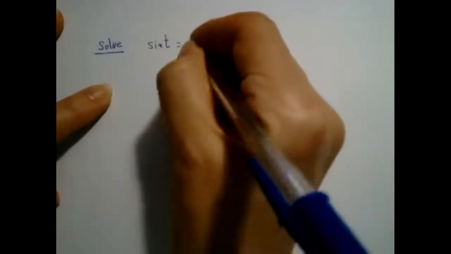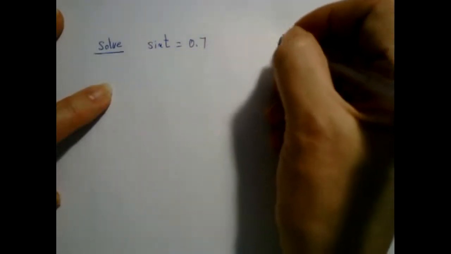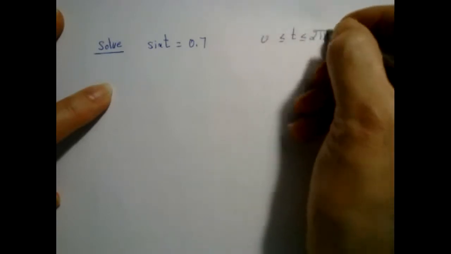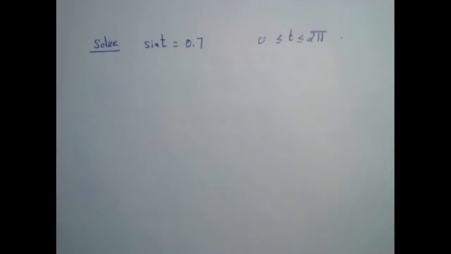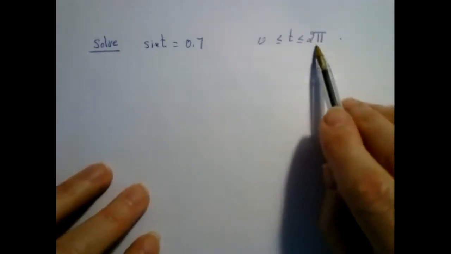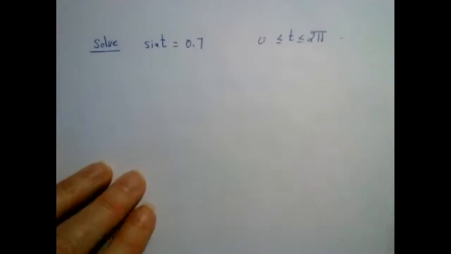Sine t equals 0.7, that's what I gave you, if my memory is right, for t between, let us say, 0 and 2 pi. Okay, I give you 3 minutes to do it, not more than that. Actually, 3 is a lot. If I put 2 pi, I want the angle in radians. If I put 360, I want the angle in degrees. So it depends what I'm asking you for.